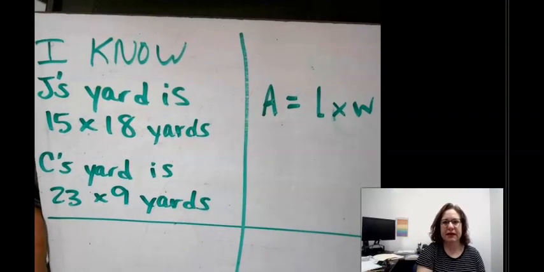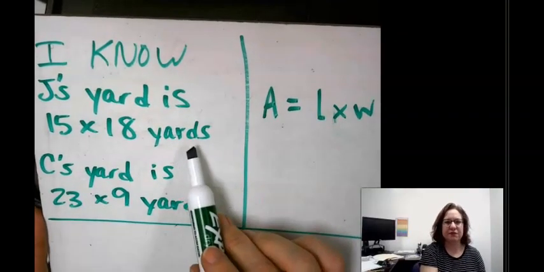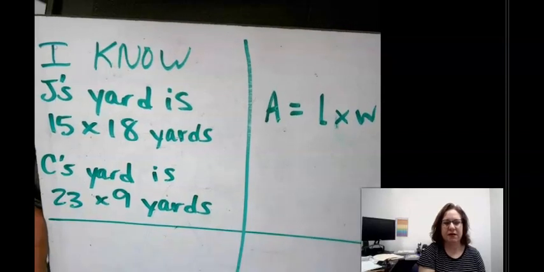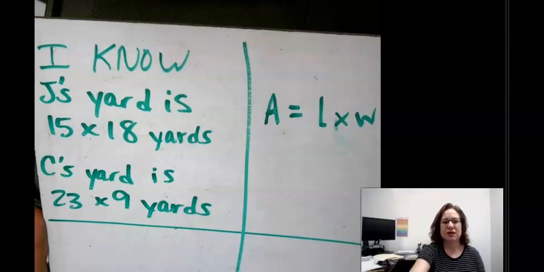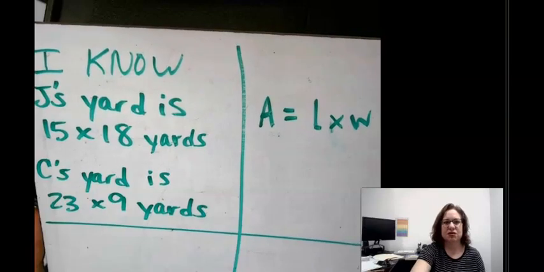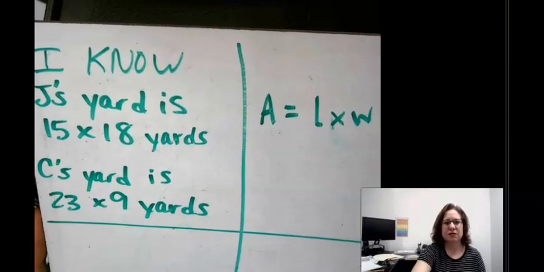Okay, so the plan is to figure out the area for Jasmine's yard and figure out the area for Carolyn's yard. The question asks us, how much greater is Jasmine's yard than Carolyn's yard?